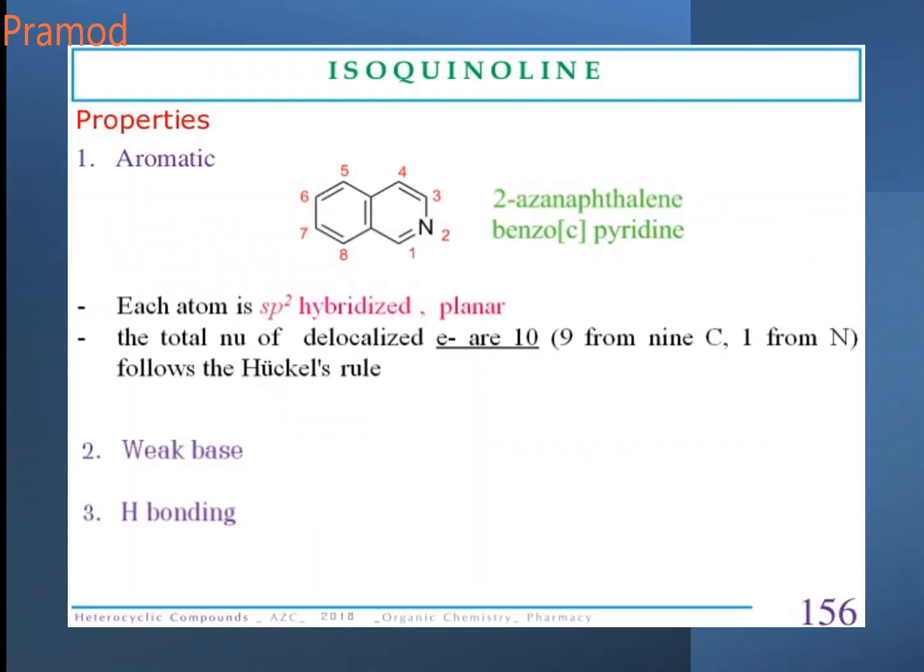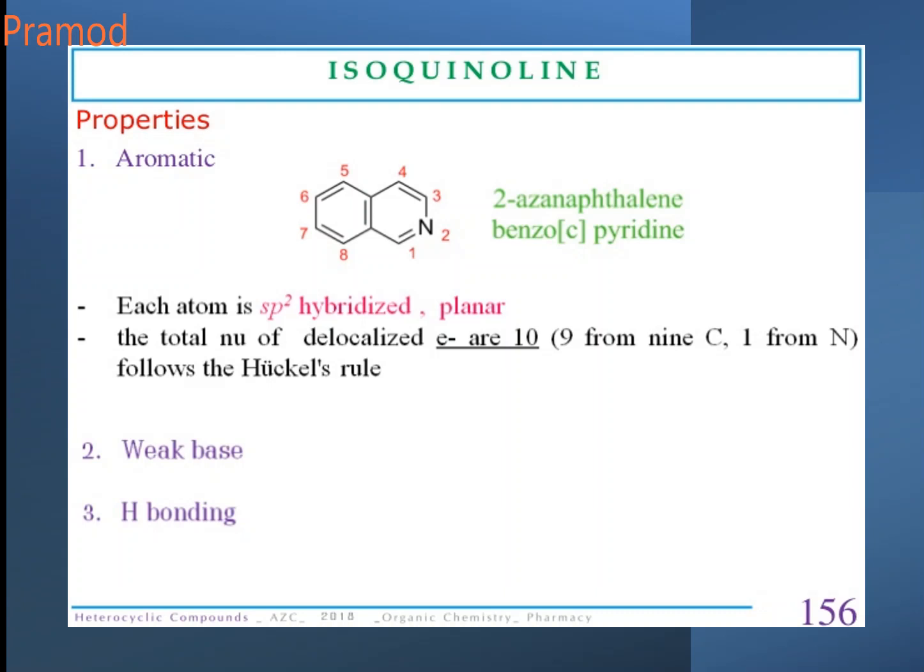Now let's go for the next one, that is isoquinoline. What is isoquinoline? Similar to quinoline, but the nitrogen is at the second position. So it is known as 2-azanaphthalene and benzo[c]pyridine, because the c face of your pyridine is attached to your benzene.